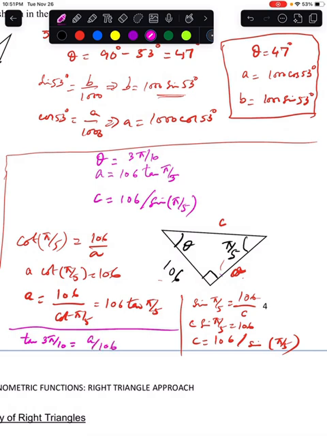So can you see, this will give me A is equal to 106 times tangent of 3 pi over 10. So we could have used that. Okay.